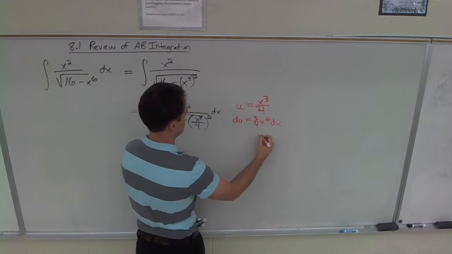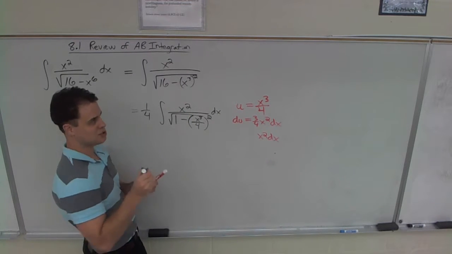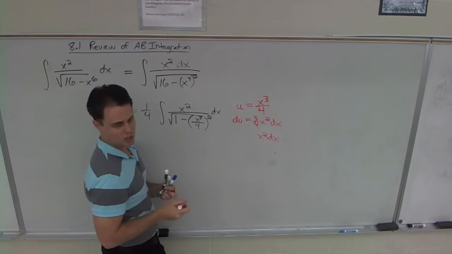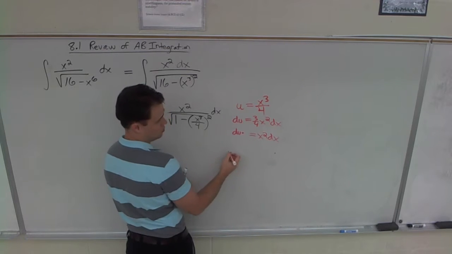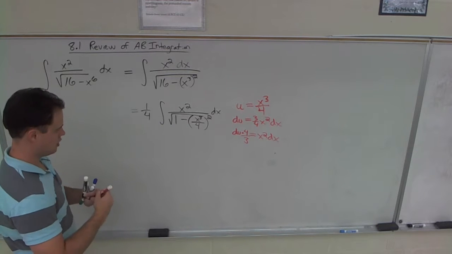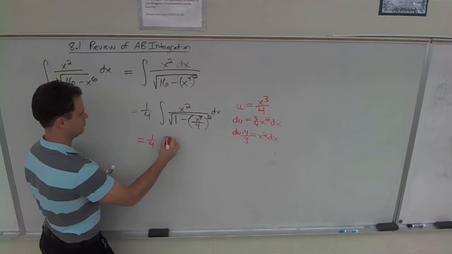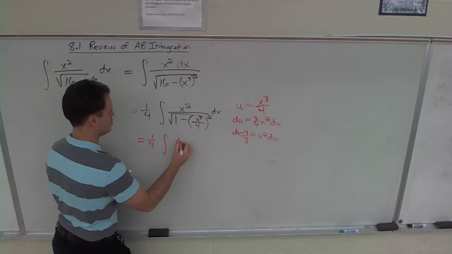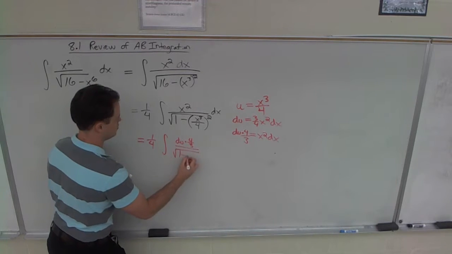So that means x squared dx, which I want, is going to be equal to du times 4/3, right? So now I'll say equals 1/4. This is there, so it's du times 4/3. And this is just 1 minus u squared.